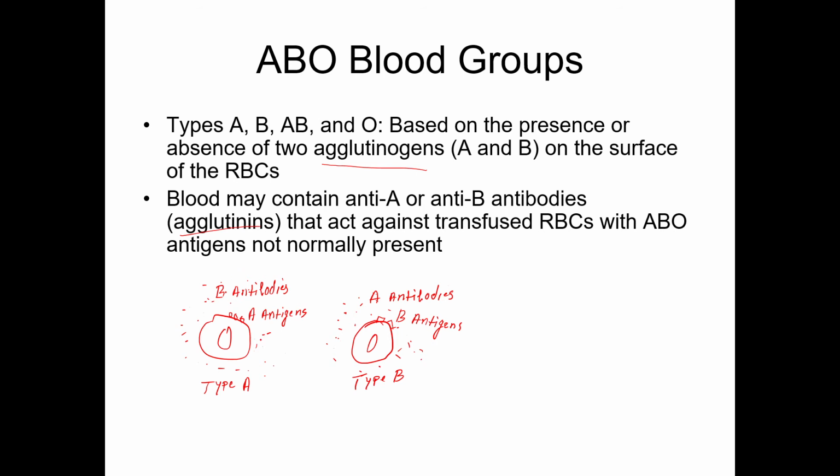Now let's see, this person is the donor and this is the recipient. So this person is donating blood to this person. Now remember, this is another rule, rule number 2.